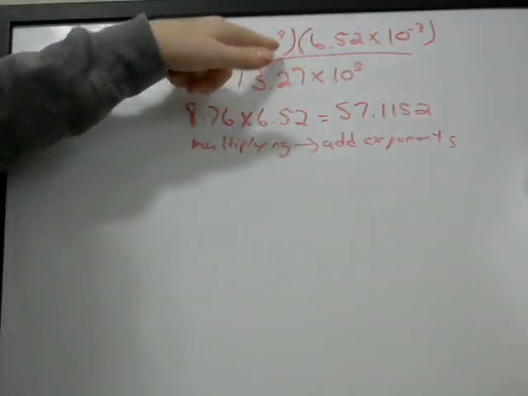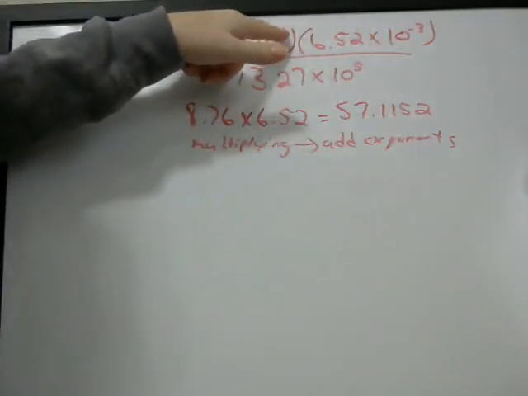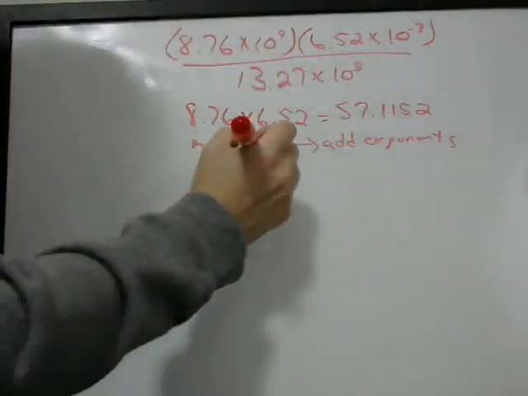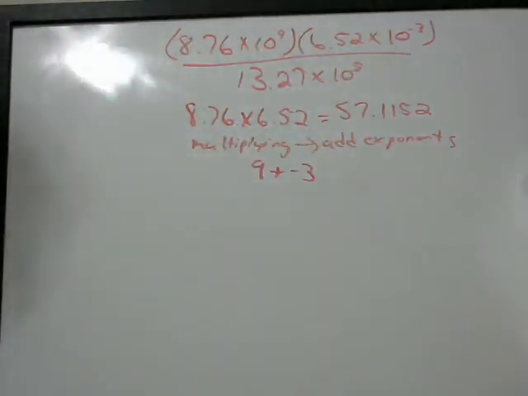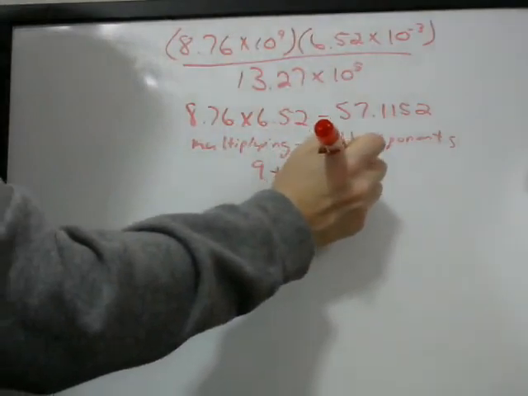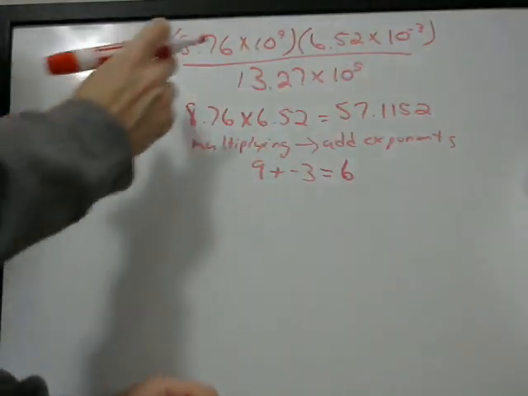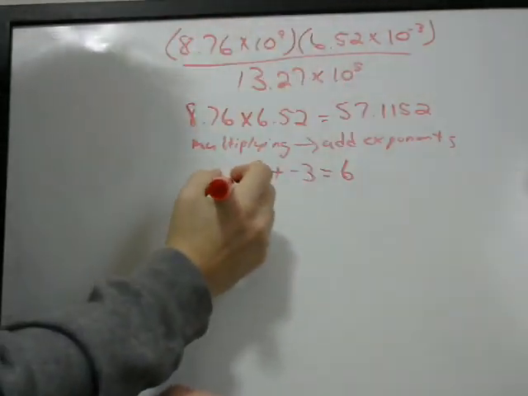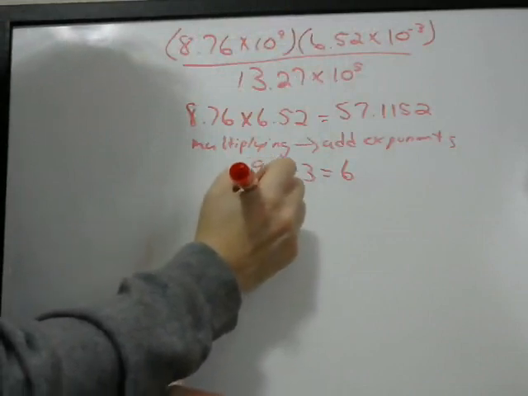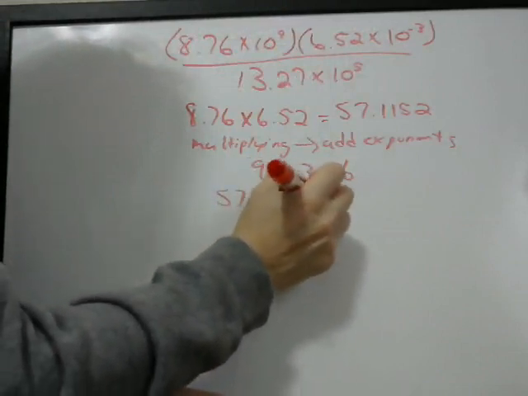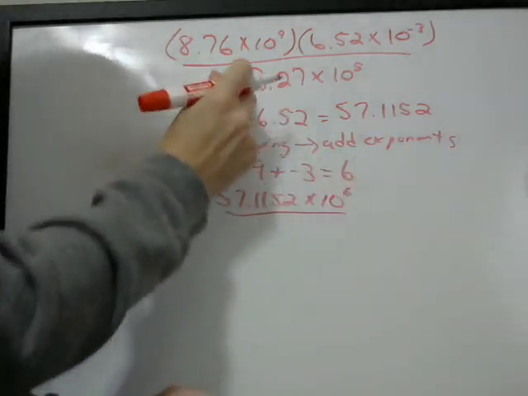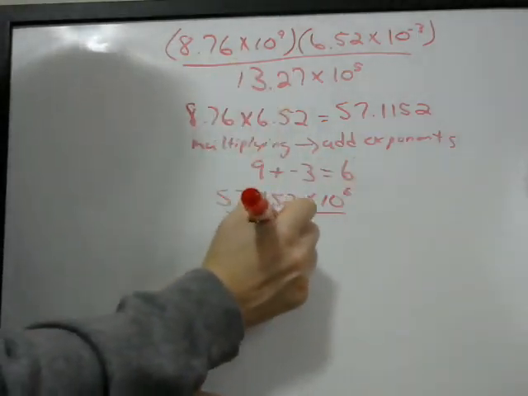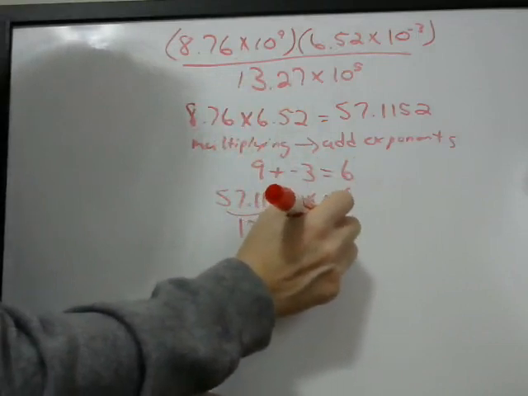So to get the exponent for the 10, we're just going to add these. 9 plus negative 3, which is the same as 9 minus 3, so that's 6. So our answer, when we multiply the two top numbers, is 57.1152 times 10 to the 6th, divided by 13.27 times 10 to the 5th, because we haven't done the division yet.